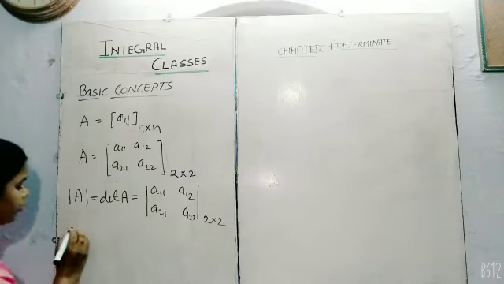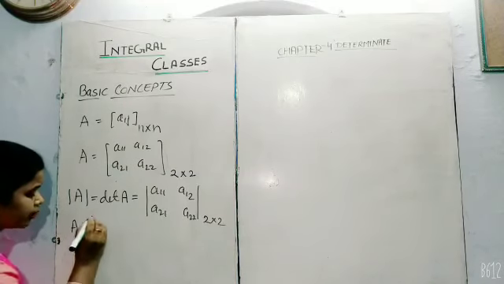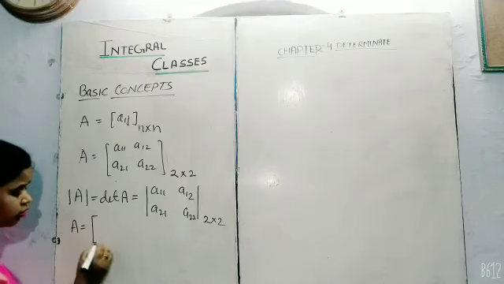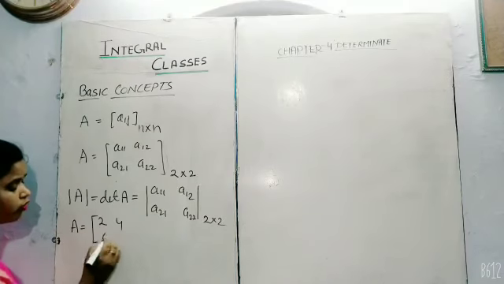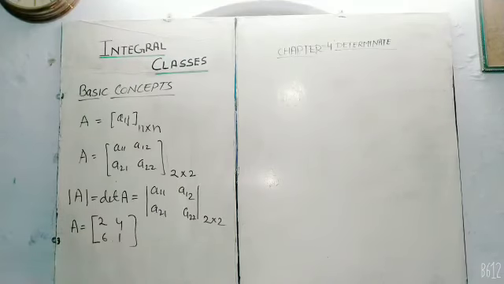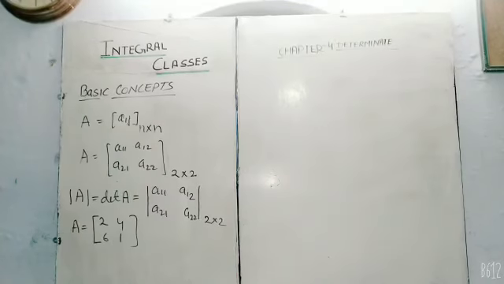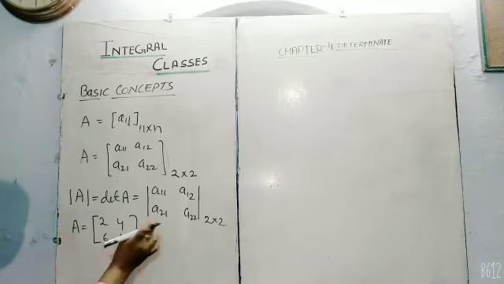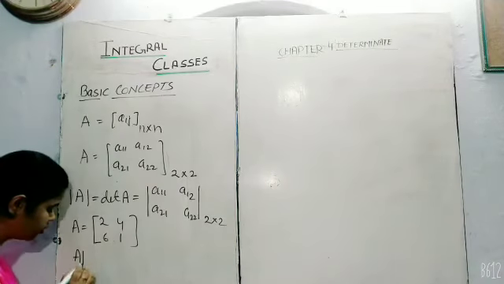Now, consider an example. Suppose A is a square matrix with elements 2, 4, 6, 1. How can we find the determinant of this?